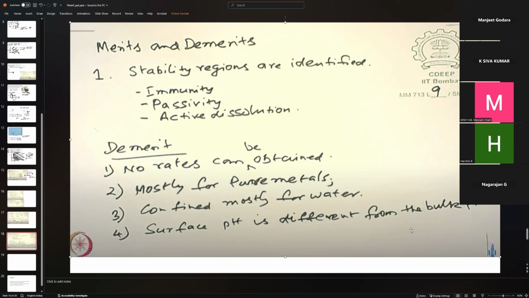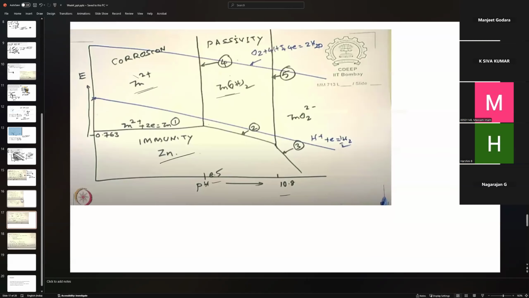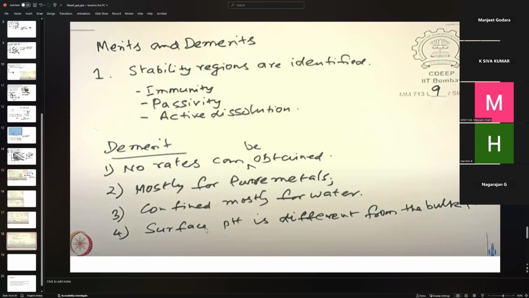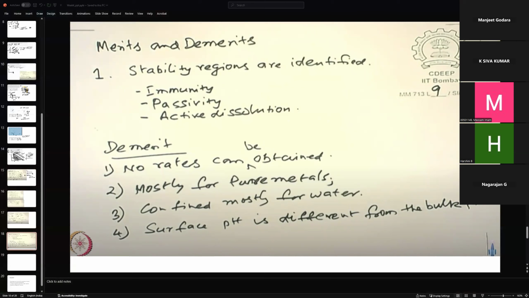Another thing is the pH at the surface is different from the bulk pH since the H+ and hydrogen ions are getting consumed to form hydrogen or hydroxide. They're taking part in the reaction, so the surface pH, the H+ concentration, is different from the bulk. So we assume it is the same as the bulk.